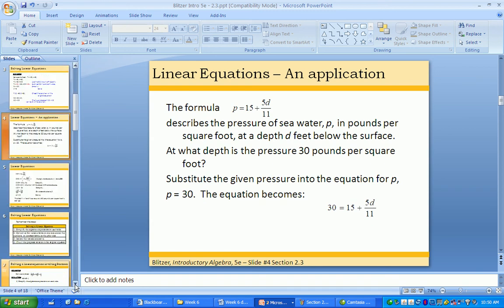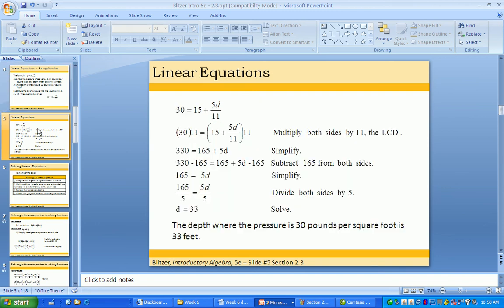The way we find our depth is we've got to work through all these little steps to get the D all by itself. I would have done this a little bit differently than the book did, but it looks like they multiplied by 11 on everything. You multiply by 11 on the entire right side, and you multiply by 11 on the left, and you get 30 times 11 is 330.